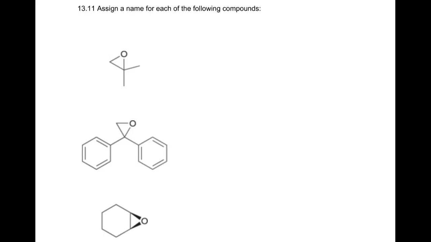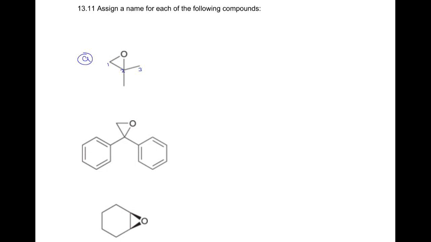Let's take a look at question 13.11 that deals with epoxide nomenclature, so 13.11a. If we want to start by naming this as an epoxy compound, you can see the longest carbon chain has 1, 2, 3 carbons in it, so this would be a 1,2 epoxy propane for 3 carbons.